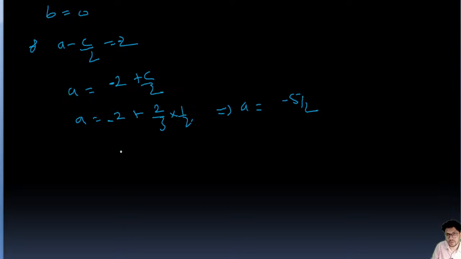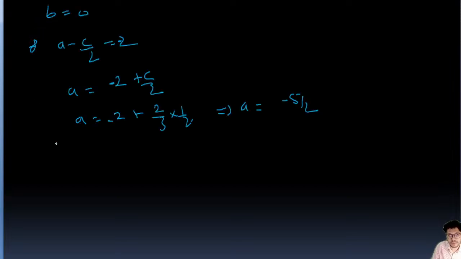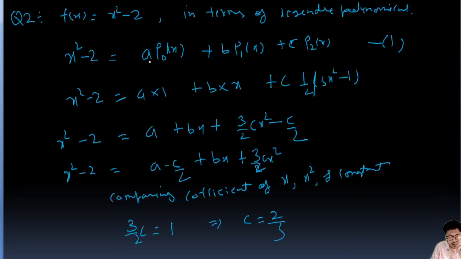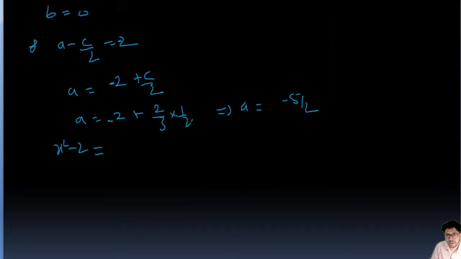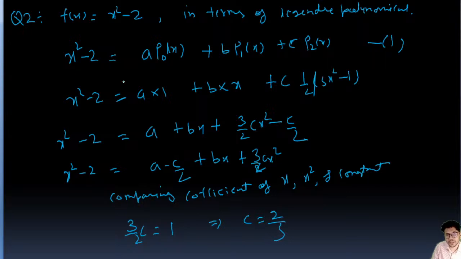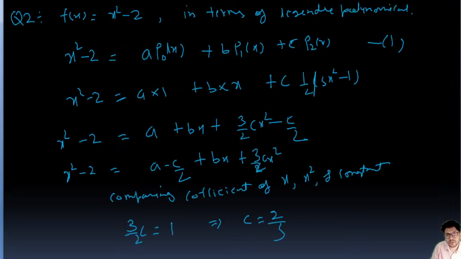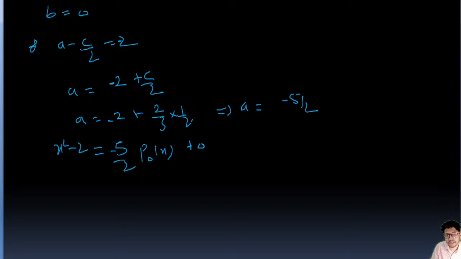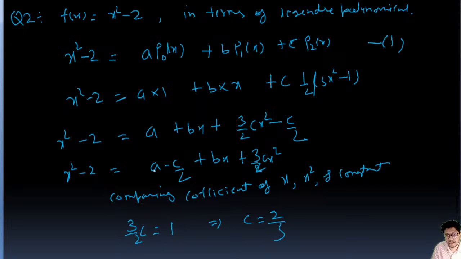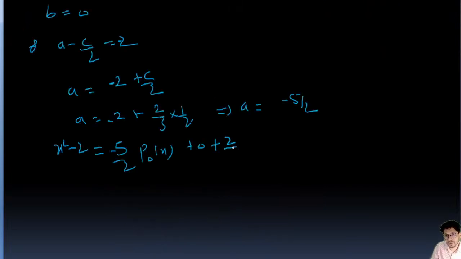Okay, we have got the values of a, b, c, so the polynomial x² − 2 is going to be: the value of a is −5/2, so −5/2 p0(x), plus b is 0, and third plus c value, which is 2/3, p2(x).